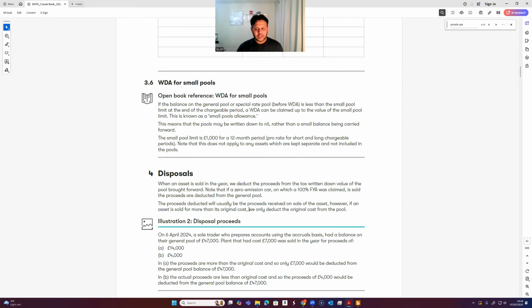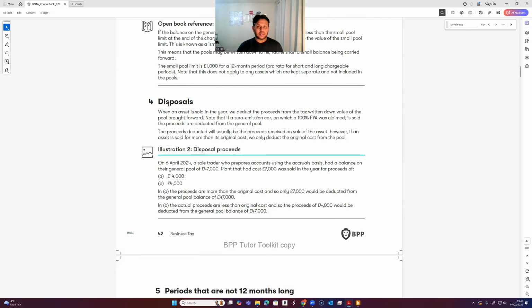We have, okay, disposal. So let's look at this one. It's important. If we sold a car, when an asset is sold in the year, we deduct the proceeds from the tax written down value of the pool brought forward. Note that when a zero emission car on which 100% FYA was claimed is sold, the proceeds are deducted from the general pool. The proceeds deducted will usually be the proceeds received on the sale of the asset.